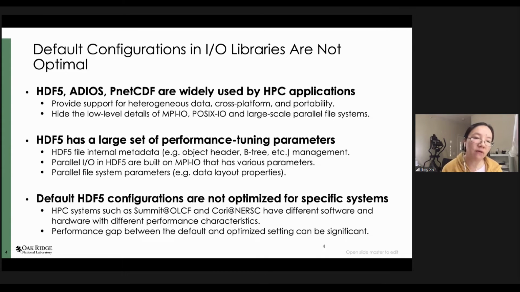And for the parallel file system level, it also has a lot of parameters to tune the data layout properties. For example, inside of Lustre, you can tune the stripe size, stripe count, and starting OST, etc.